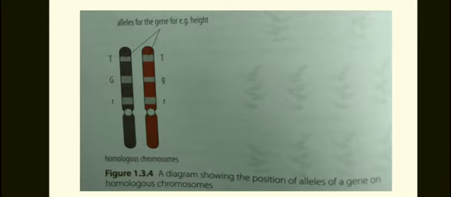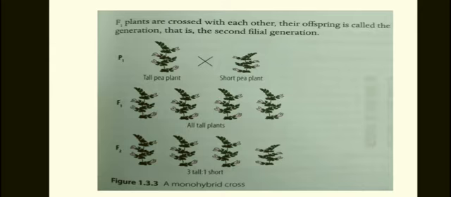Another locus for the texture of the seeds, and so on. So here we're just mentioning the height. So different loci on the chromosome. I've got 3 loci, 3 different characteristics on the chromosome. Don't forget that.